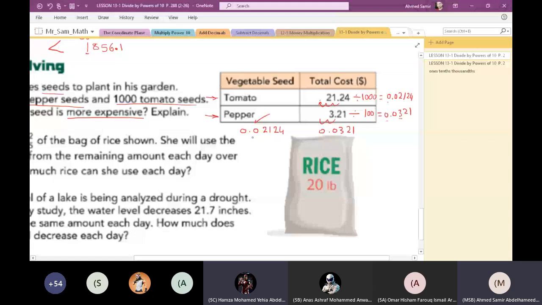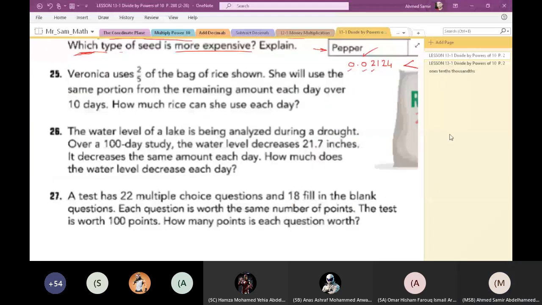I'm choosing a different person to help me with number 26. From 5A, I'm choosing Yazan. Ready to answer, Yazan? Yazan and Ra'id?